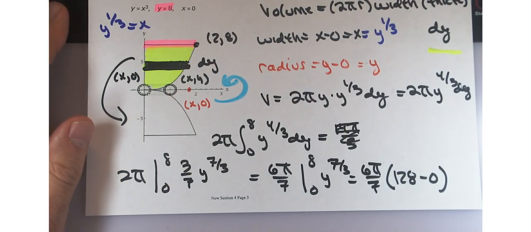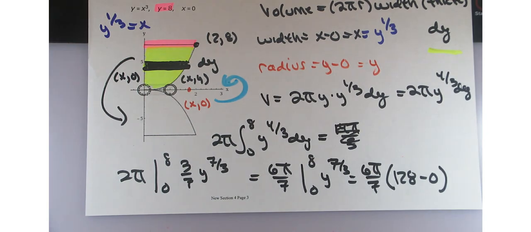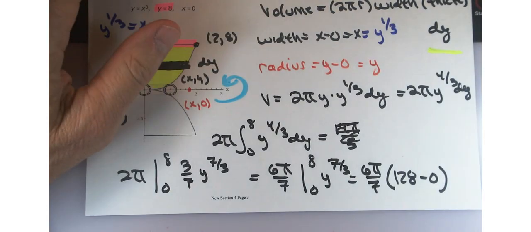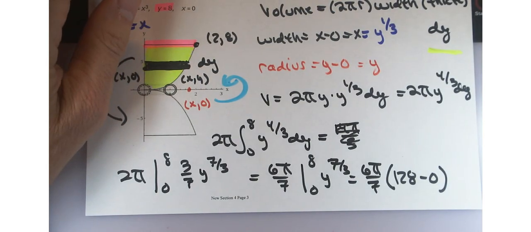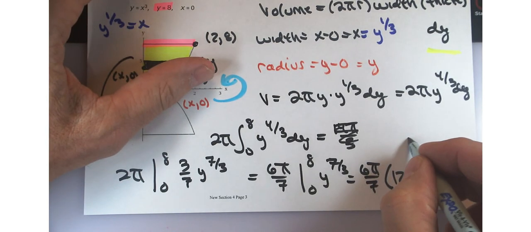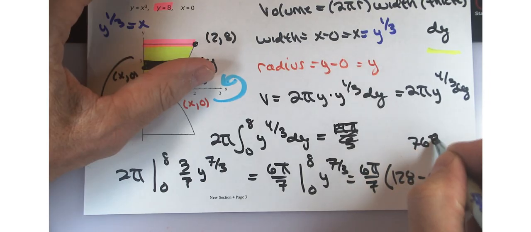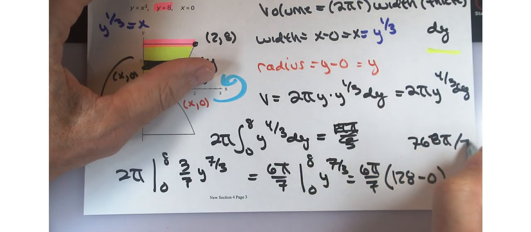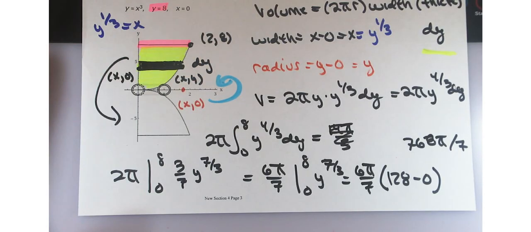So 6 times that, divided by 7. What's 6 times 128? That's going to be 768. All right. So 768 pi over 7 is the final answer. Awesome. Thank you.